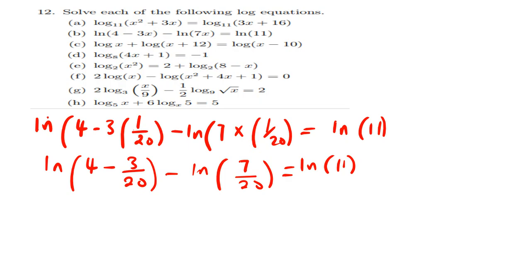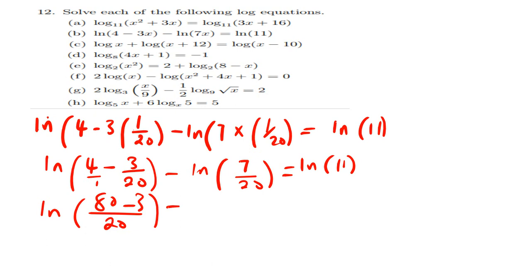Allow me to solve what is in the bracket. Here we have a common denominator of 20. Don't forget your natural log. 1 multiplied by 20 is 20, 20 multiplied by 4 is 80, minus 3.